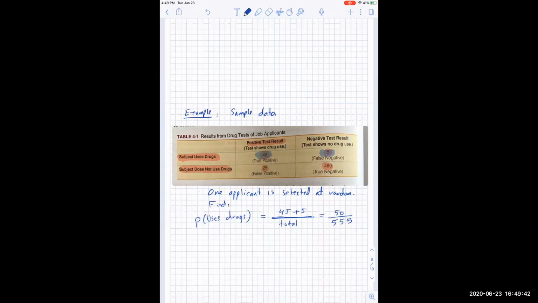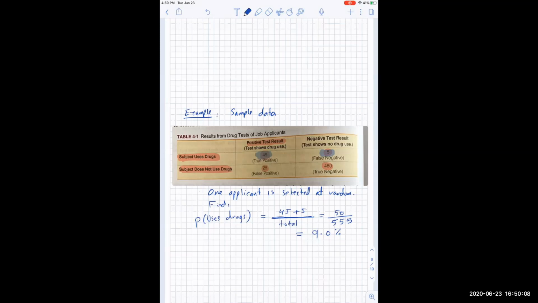Okay, I divide 50 by 555, and that gives me in percent form 9.0%. You see that? So I added all the numbers in the first row.